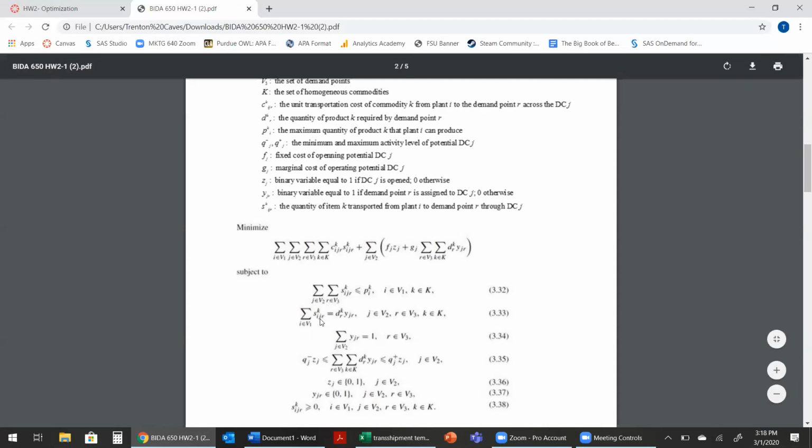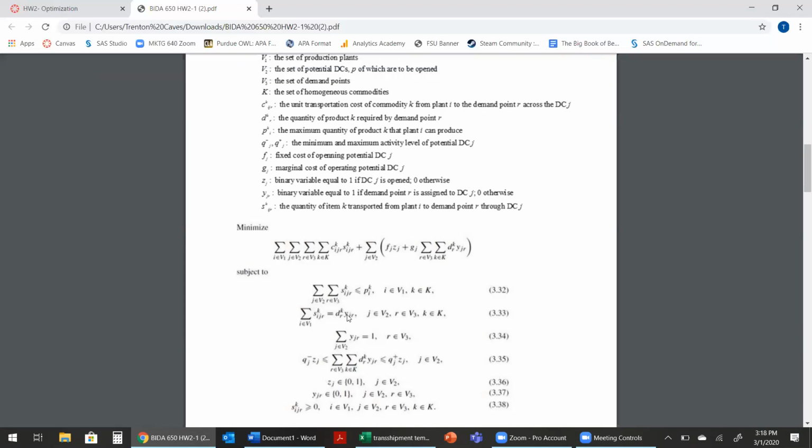The SIJRK is the same thing. It's the quantity required equals DRK YJR. So DRK is the quantity of product K required by demand point R, and YJR is the binary variable equal to 1 if a demand point R is assigned to DCJ or 0 otherwise.